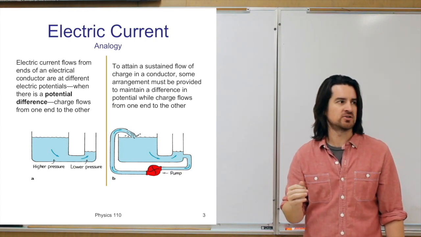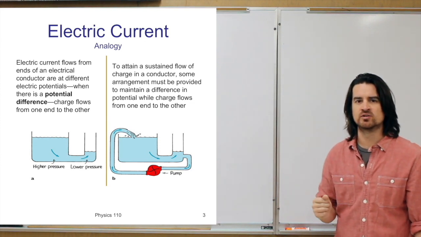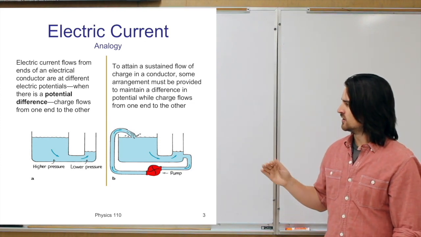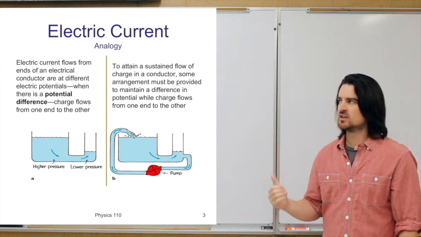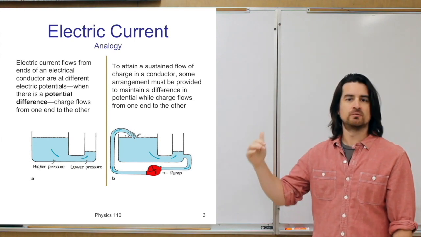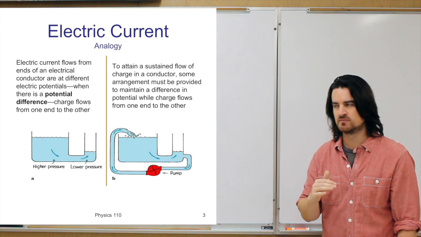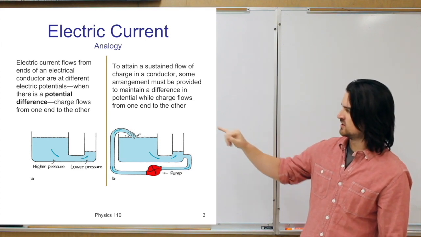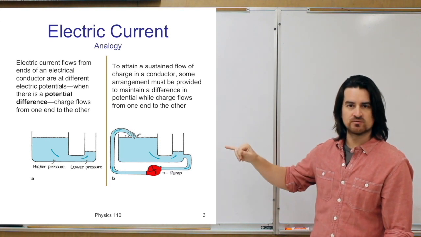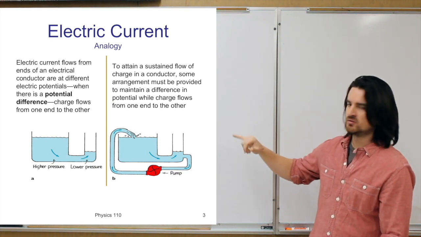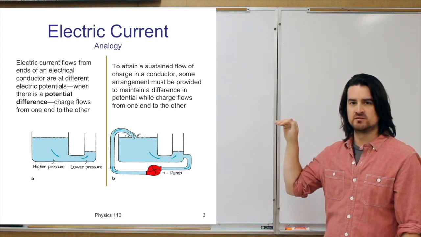We talked a little about potential difference in the last lecture, so feel free to go back and look at that, and we'll talk about it a bit more here as well. The same idea follows: if there is a difference in electric potential, then electric current will flow to try to equalize that potential difference, just as water would flow to equalize a difference in pressure.